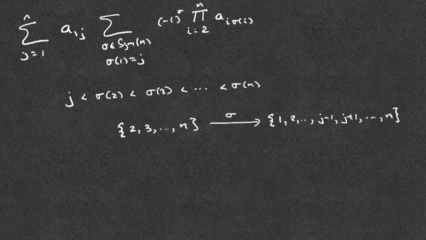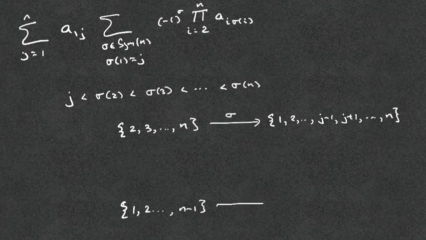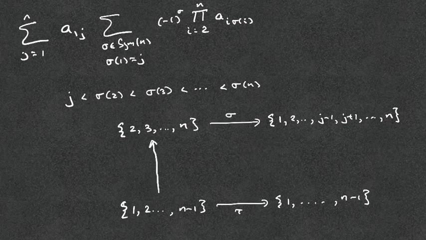Now we can almost think of this as a permutation on n minus 1 elements, and we can do that in the following way. If we want a function on n minus 1 elements, let's say that's going to be tau, and we want it to map into 1 up to n minus 1, then quite naturally what we can do on this side is to say that this function, say lambda of k, is just going to be k plus 1.